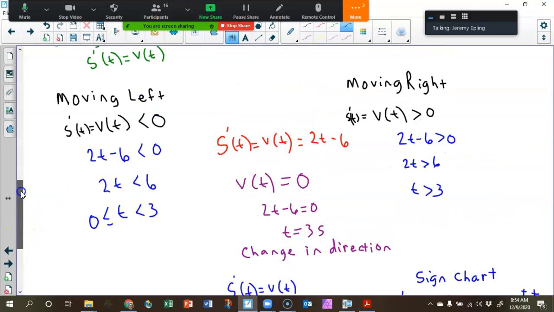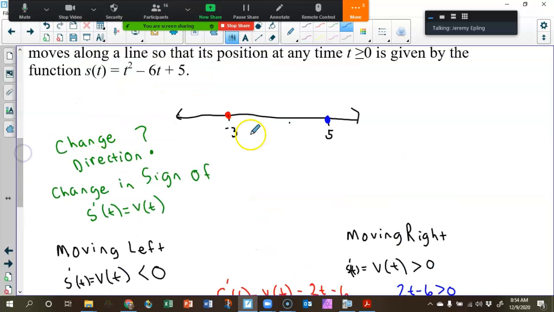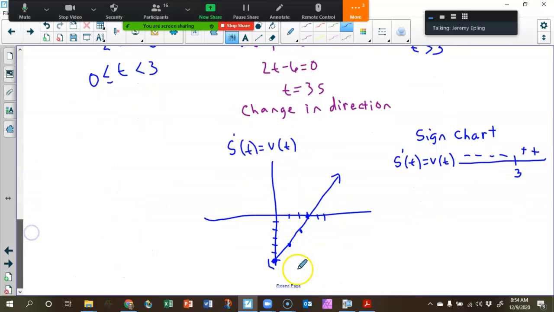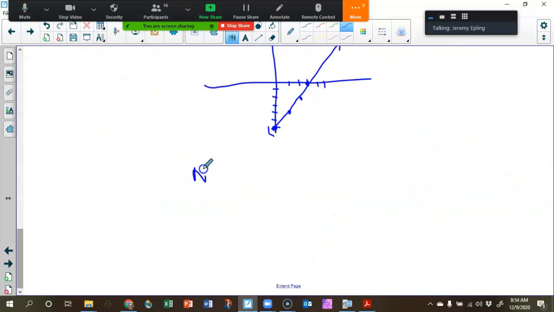So now I can think about my picture. I know that I started out at 5 and I was moving to the left for 3 seconds. But wait a minute, I don't know where I stopped. I know I moved for 3 seconds. I need my position after 3 seconds.